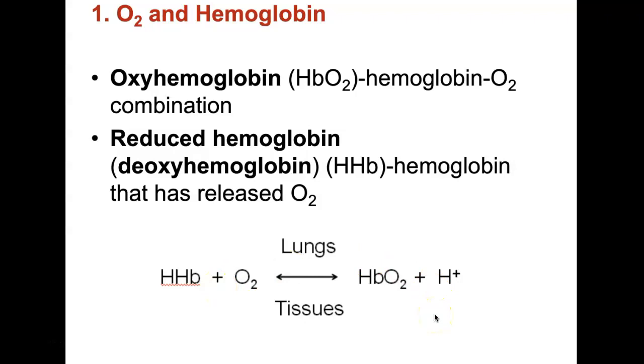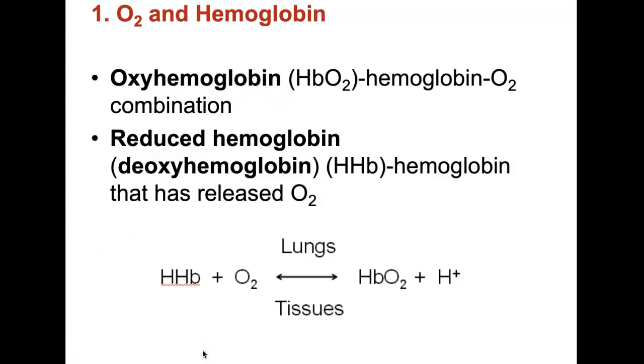And likewise, when the hemoglobin protein arrives at the tissues where the oxygen is needed, then we say that oxygen unloads. So the unloading of oxygen is going to result in deoxyhemoglobin, and the loading of oxygen happens in the lungs, and that's what enables oxyhemoglobin to be formed.